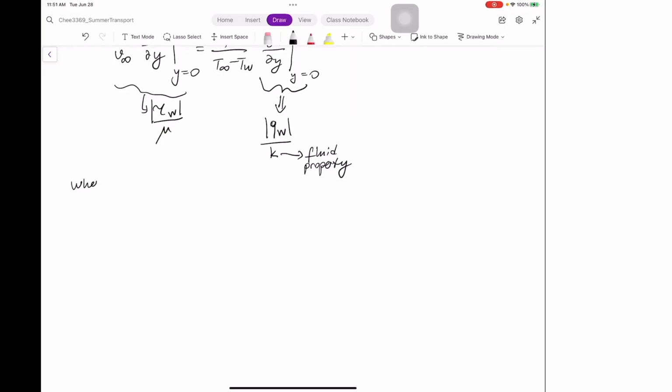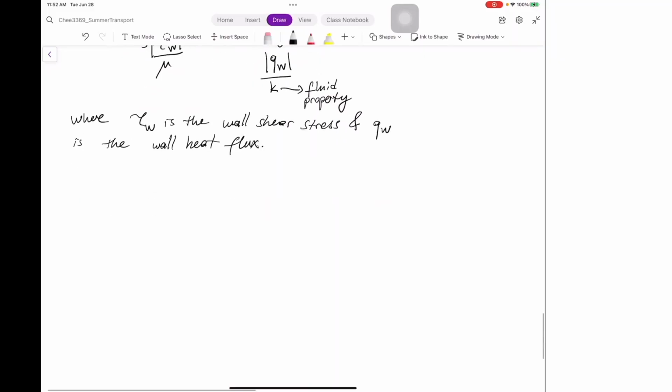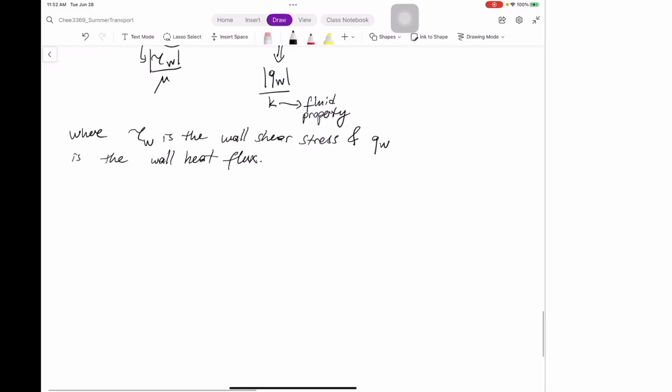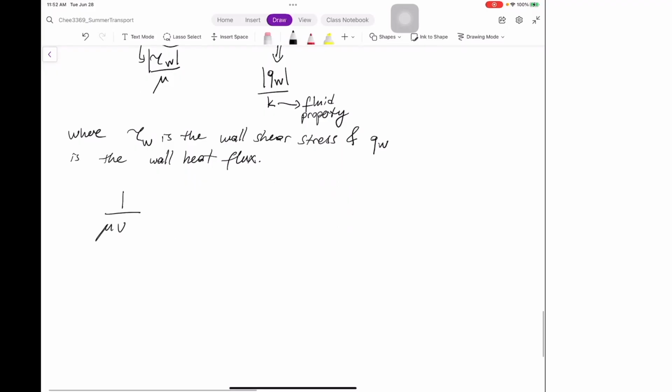Let's write them down, where tau wall is the wall shear stress, and Q wall is the wall heat flux. So this equation reduces to 1 over mu V infinity.